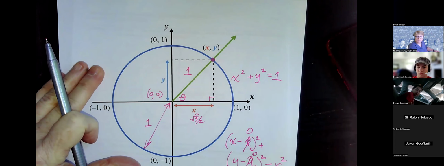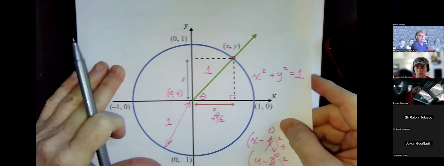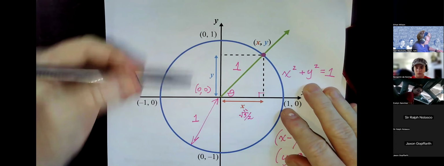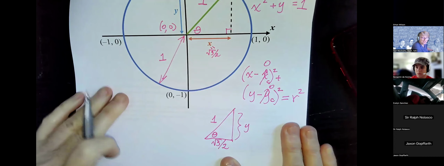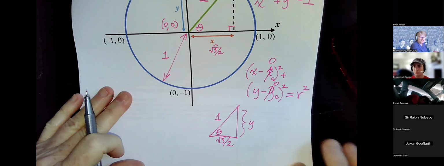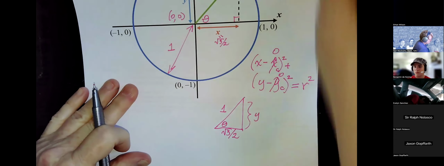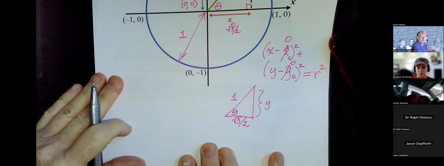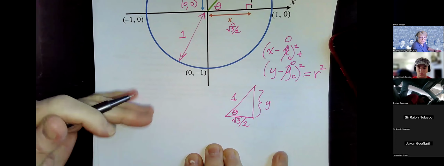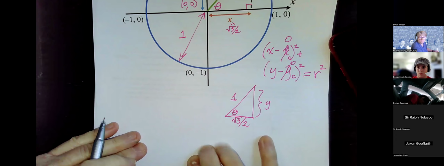So is this the same as what we just did? Yes, almost. Let's just look at this particular right triangle first. Tell me the formula that I'm going to use to connect these values.